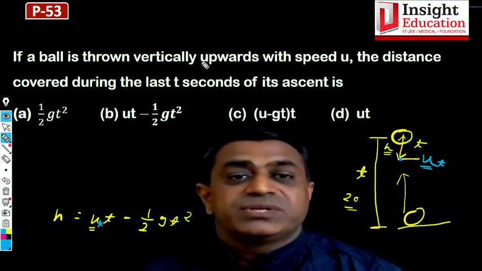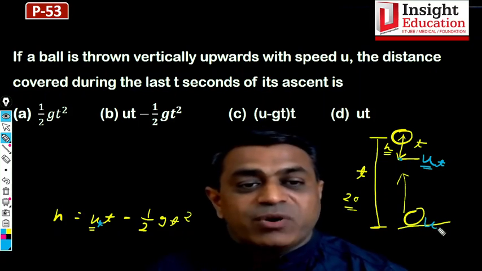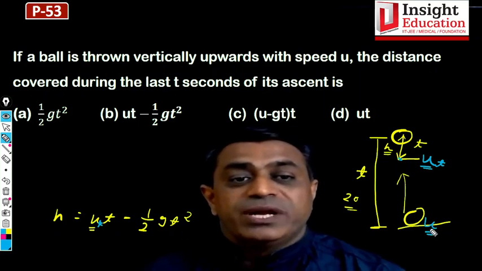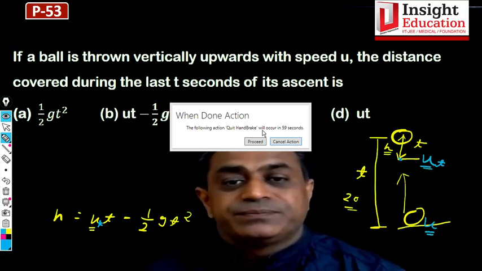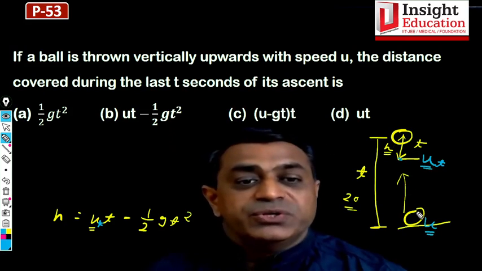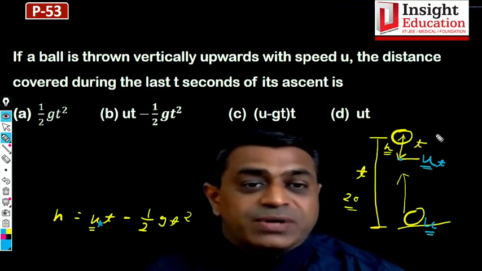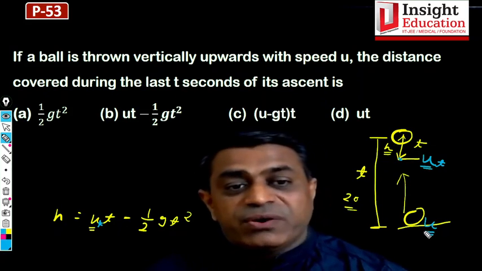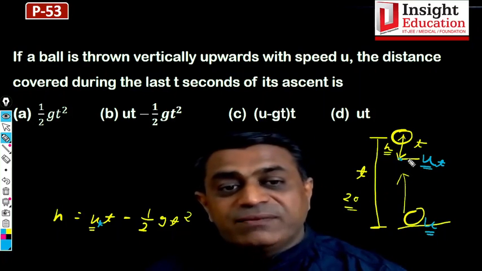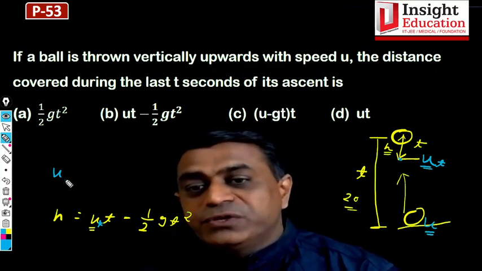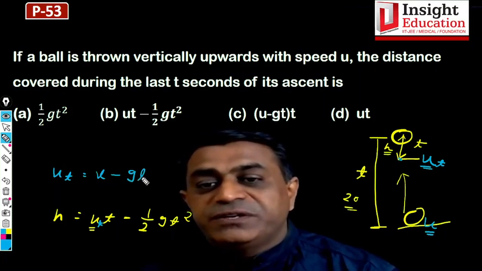But initial velocity u is given. It means at the bottom initial velocity u. So find out ut. How can we find ut? If we know initial velocity, so final velocity v, I can write ut is equal to u minus gt.